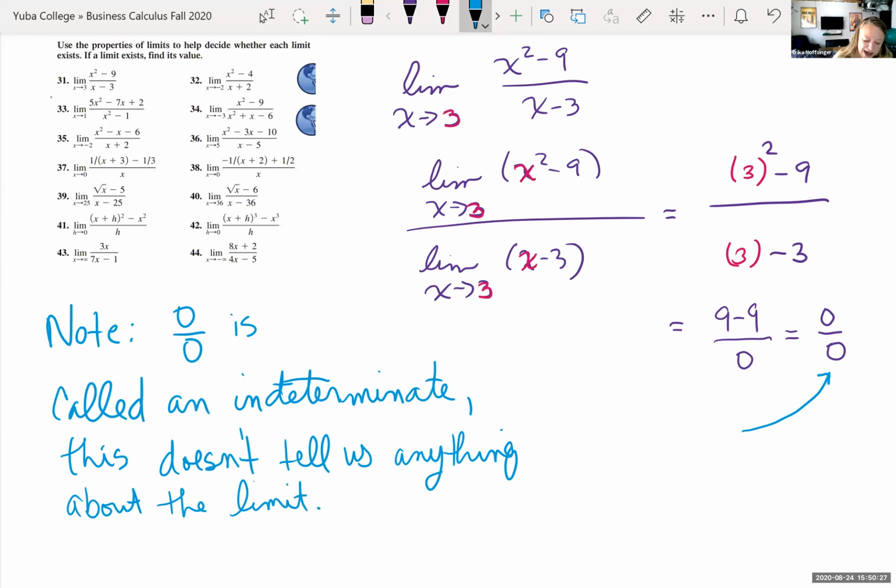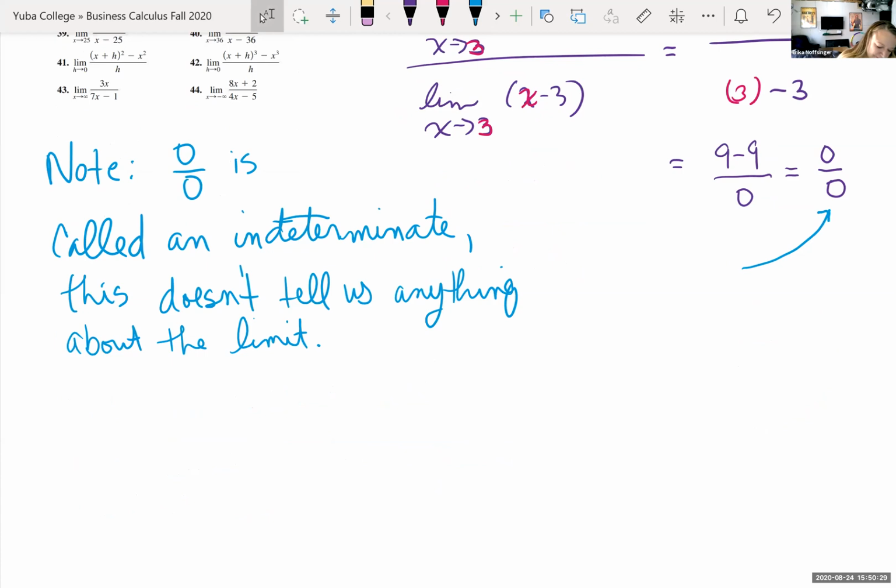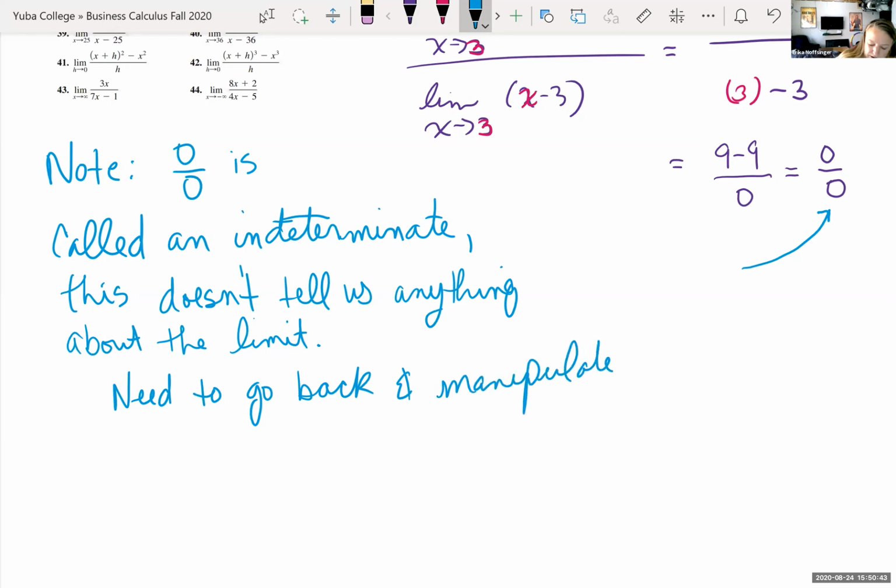So you got to go back and manipulate the function.